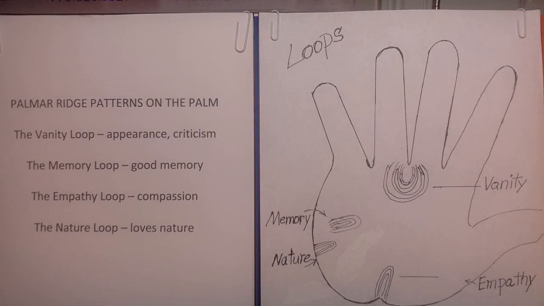The loop also indicates psychic ability, especially where it concerns animals. They can communicate with animals and plants, as well as with subtle forces in nature, known as devas or nature spirits. I'm sure all of you have heard that before.